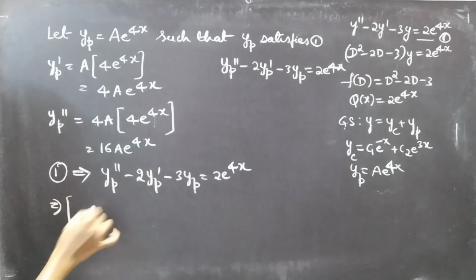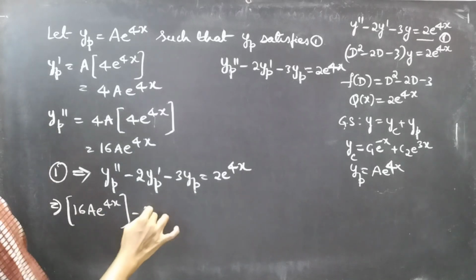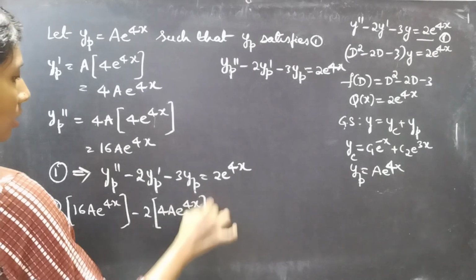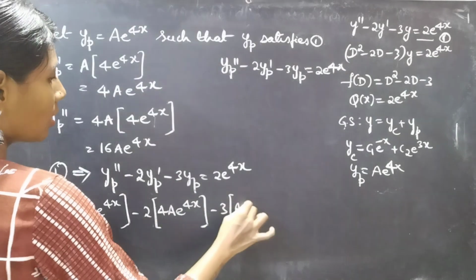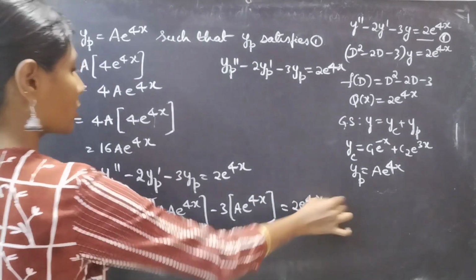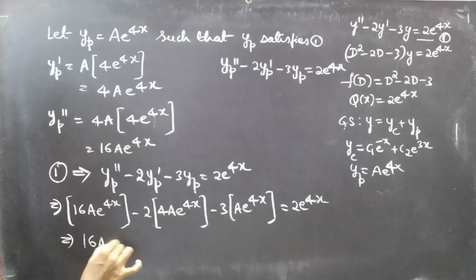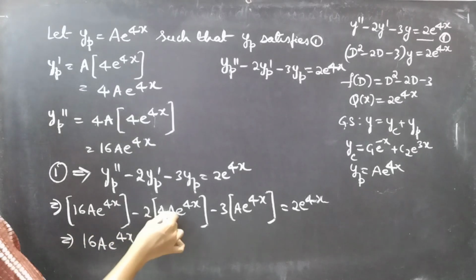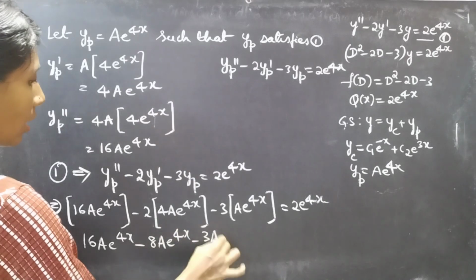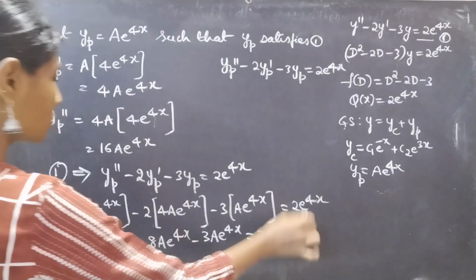We get 16a e^4x minus 2 into 4a e^4x minus 3 into a e^4x equal to 2e^4x. Now simplify it. You get 16a e^4x minus 2 fours are 8a e^4x minus 3a e^4x equal to 2e^4x.